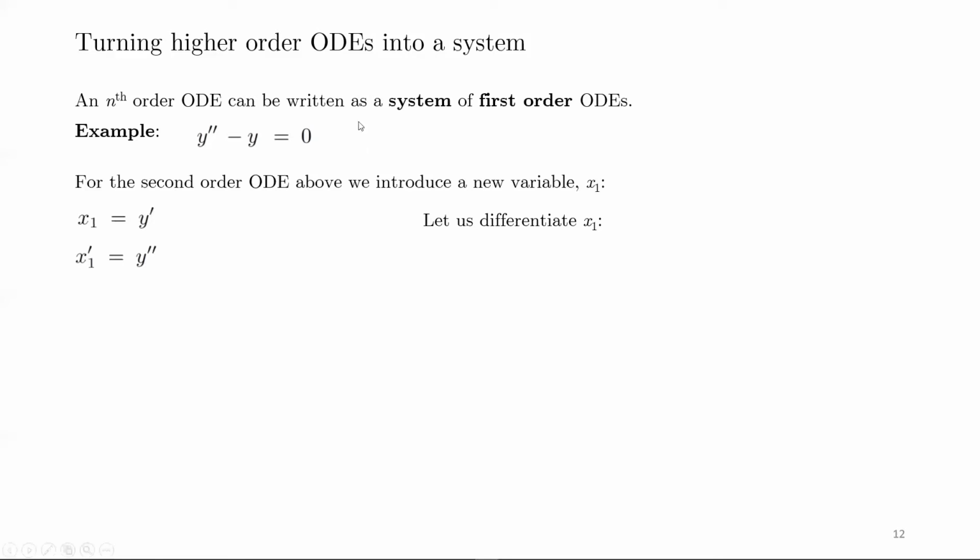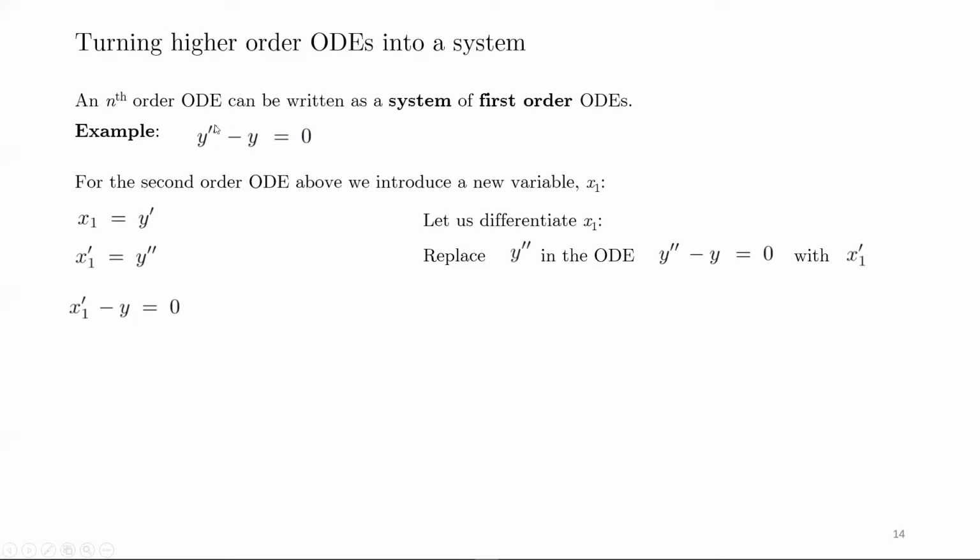Okay, but if I look at my original ODE, y double prime minus y equals 0, effectively what I'm saying there, I can replace y double prime in this original ODE with x1 prime. Okay, so if I do that, I can write my original ODE as x1 prime minus y equals 0.